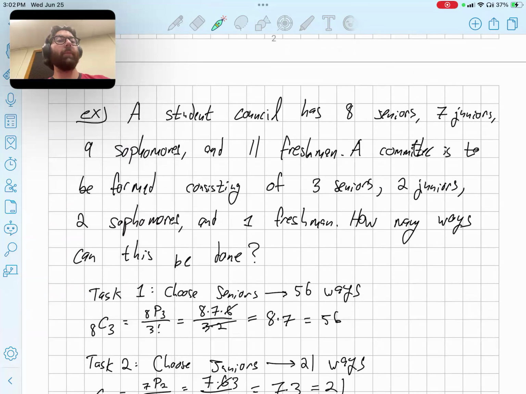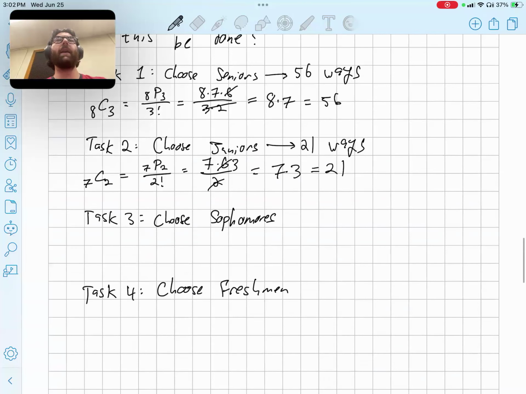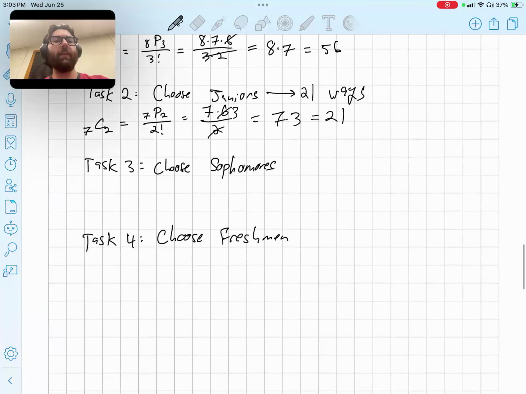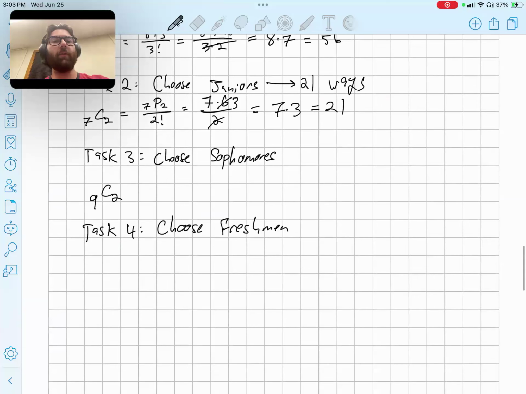Now the sophomores, we have 9 sophomores, and we want to select 2 of them. Doesn't matter which order, right? Picking Alex and Betty is the same as picking Betty and Alex. They're both on the committee. The only thing that matters is who is on the committee. So that means we have 9, and we're choosing 2 of them.